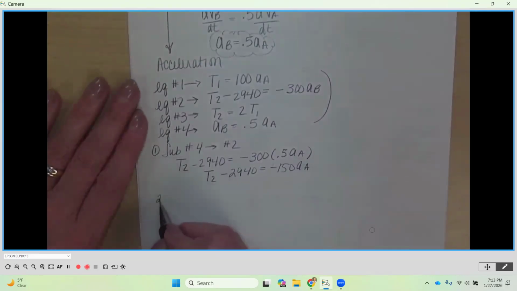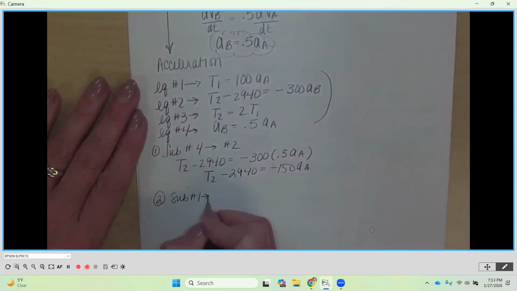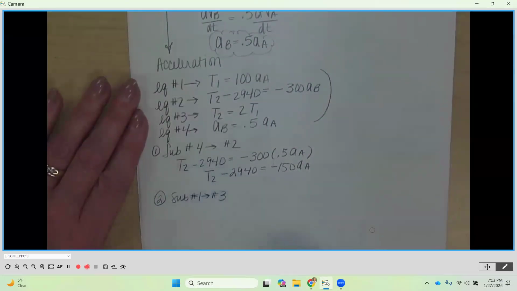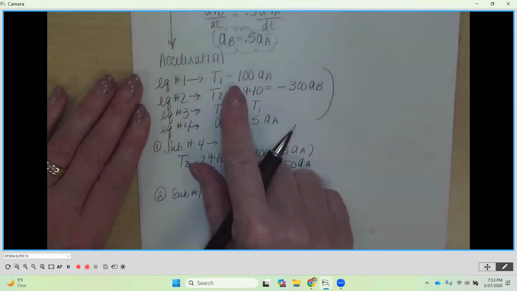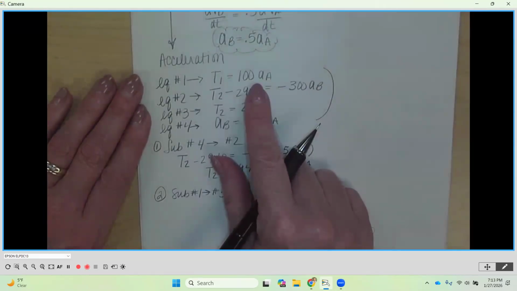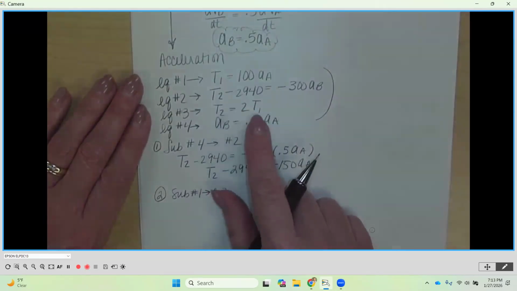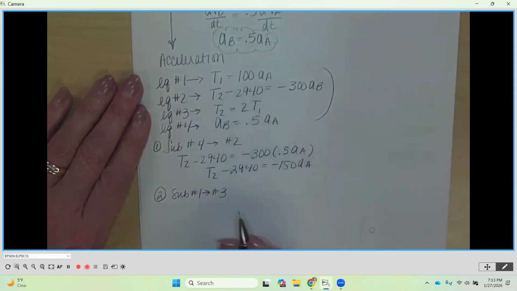The second one that I did, I substituted number 1 into number 3. So here's number 1, T1 is equal to 100 acceleration of A. Where T1 was, I put that in number 3.